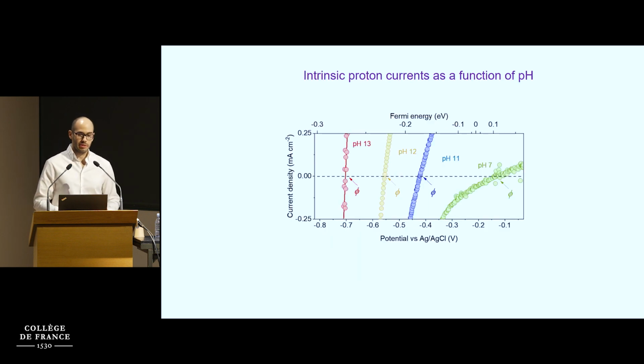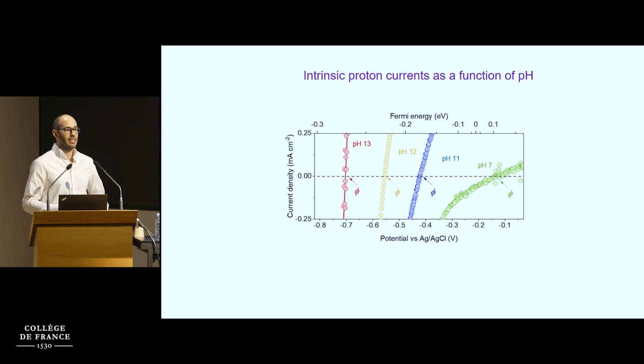Now we measure the proton currents in this system, so the out-of-plane proton currents. And we measure proton currents versus potential versus AgCl. And we, of course, have the Fermi energy of the system simultaneously. And we find two things. The first thing is that as you increase the pH of the solution, the zero current potential moves to the left. Now, that is known.